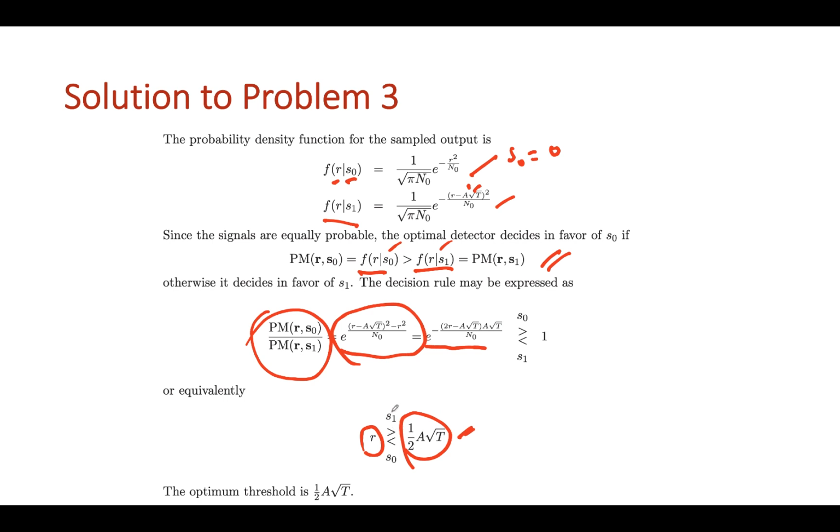If that is the case, you decide S1 was transmitted, and if less than this, then S0 was transmitted. And this indeed is true if you look into the signal space diagram. Your S0 was 0 and your S1 had an amplitude of A root T. So the optimum decision threshold will be a perpendicular bisector of the line joining the two signals, and this would be exactly at half of A root T.